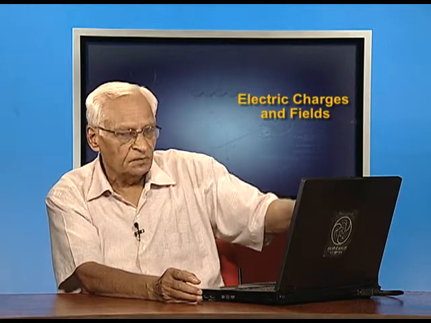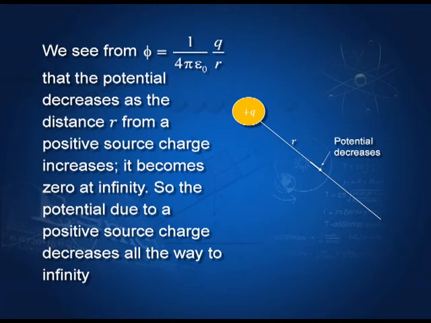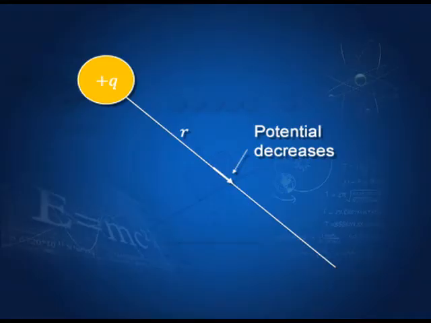Now, suppose we have a positive charge here, what happens to the potential? The potential is 1 by r, and therefore, as r increases, the potential decreases. So, from the positive charge, the potential decreases. We also know that if I place a positive charge here, it will be repelled and therefore move in this direction. So, therefore, a positive charge moves from a higher potential to a lower potential.